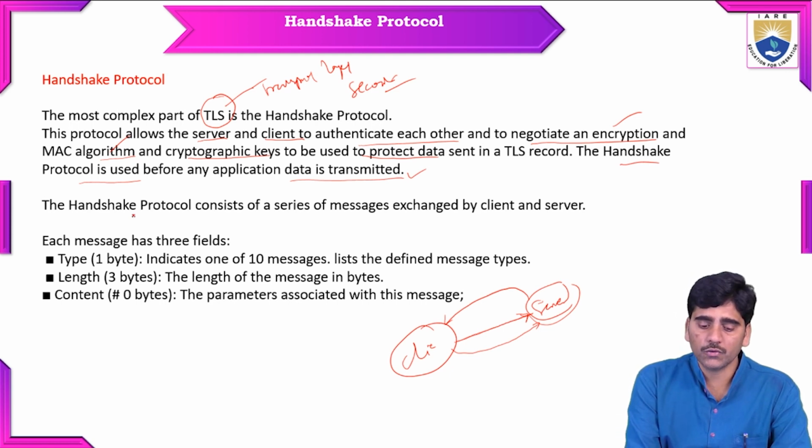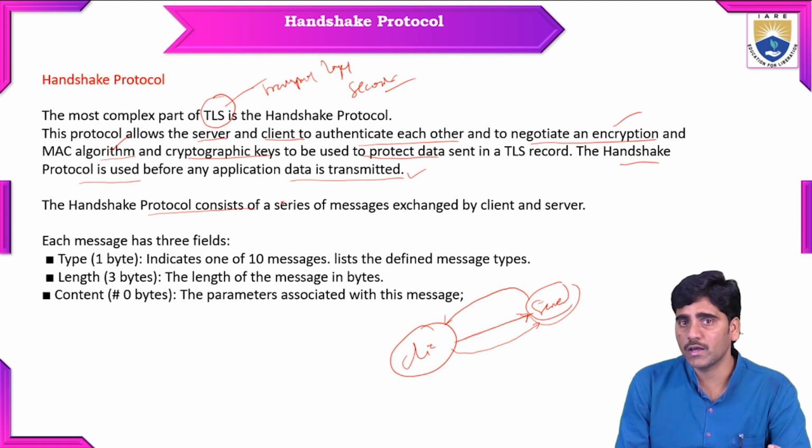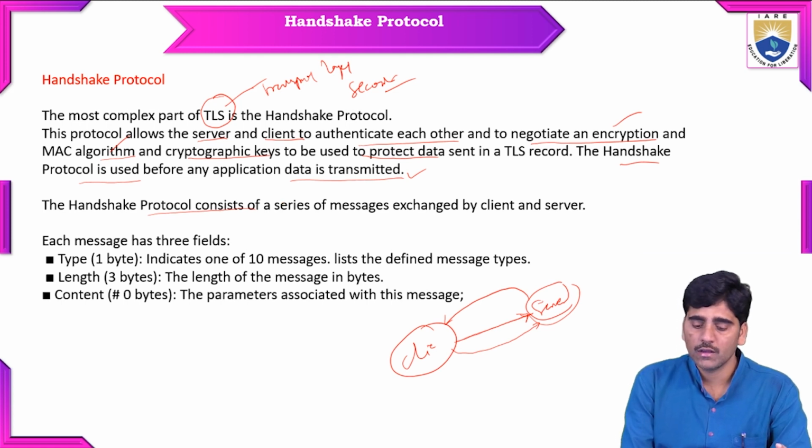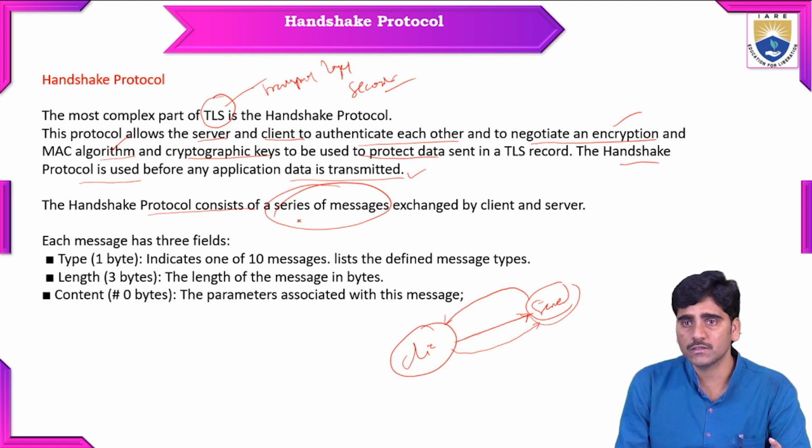So the handshake protocol consists of a series of messages. From the start of the request generated by the client to the end of the response generated by the server, in between they maintain communication with a series of messages.